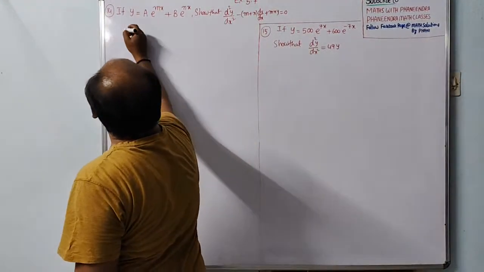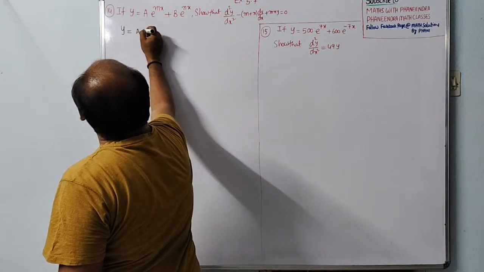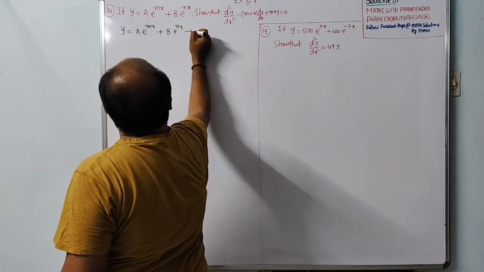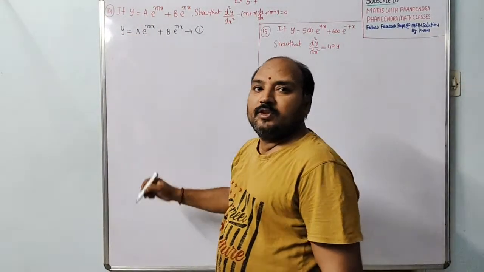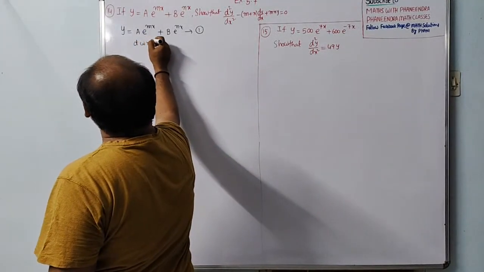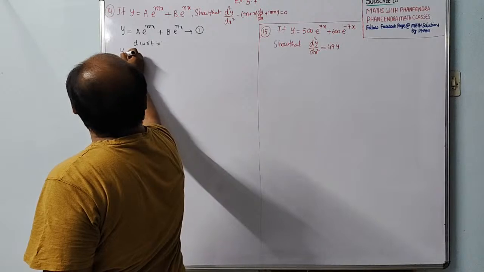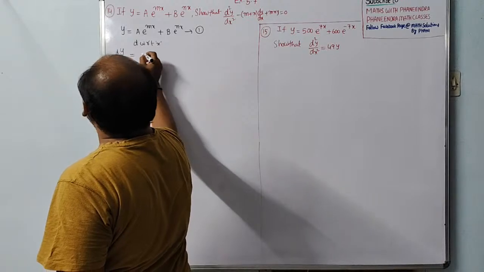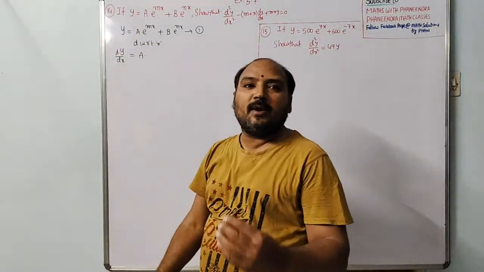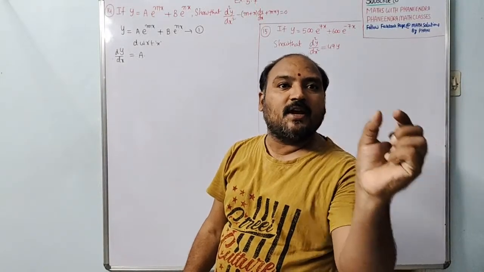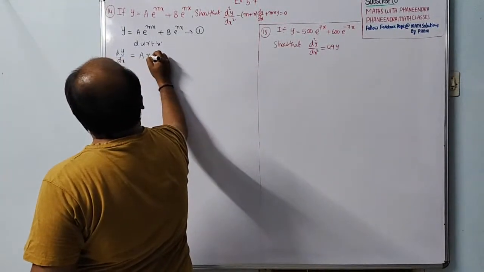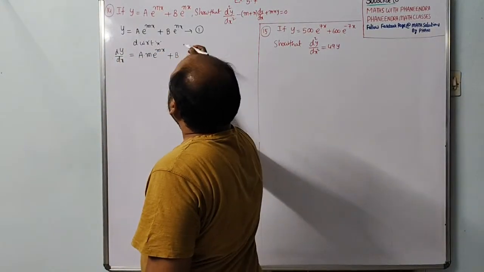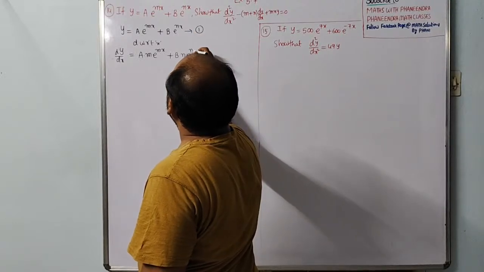So the first result, first y equal to a e power mx plus b e power nx, you take it as equation number 1. Differentiate with respect to x. Y derivative is y1, that means dy by dx. So according to the question, you can follow, dear students. a into e power mx, d by dx of e power ax is a e power ax. So m into e power mx plus b into e power nx derivative is n into e power nx.